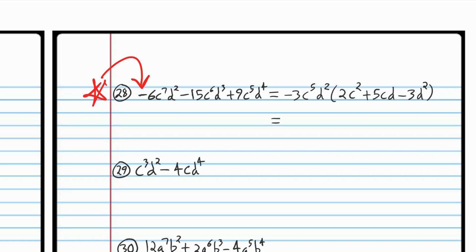A lot of stuff going on here, so you really need to be careful. And that looks correct. So now we can continue. So this is a quadratic expression with two variables. But the problem is we have a number in front of here, so that's going to present a problem.